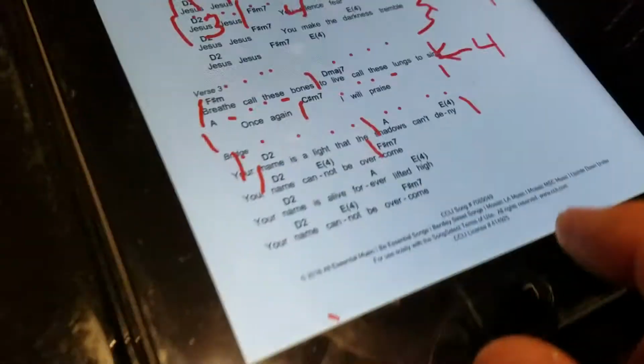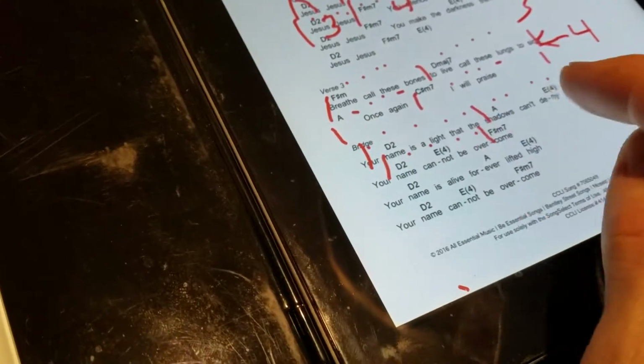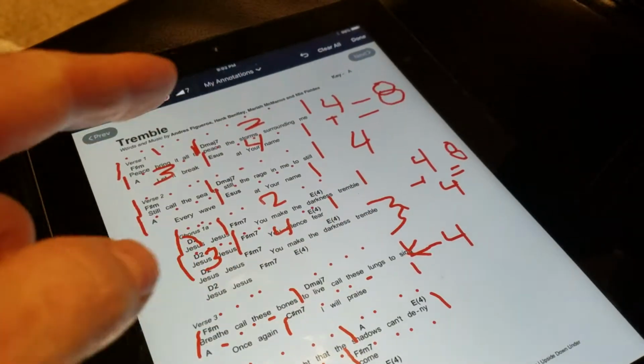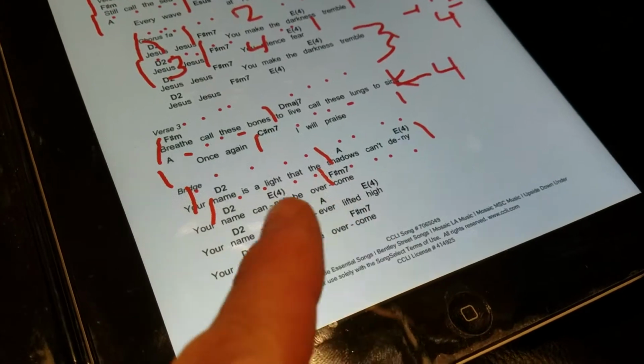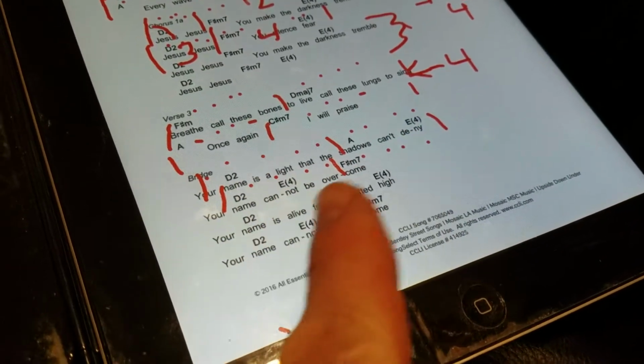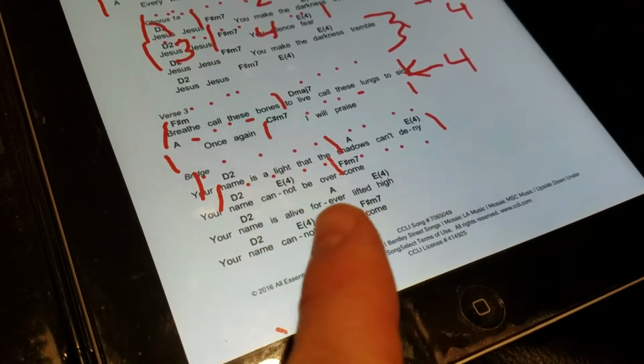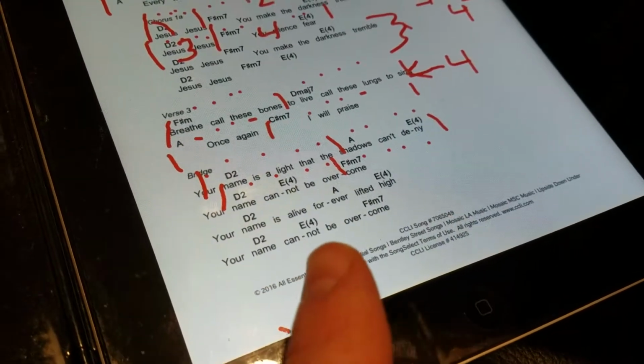Now, there are some other tricks that can help you if you're not quite sure where that is. Ask yourself, okay, we know already that there's this 4-bar pattern. We also know, looking at these next chords, it's D, A, D, E, F sharp minor, D, A, E, D, E, F sharp minor.